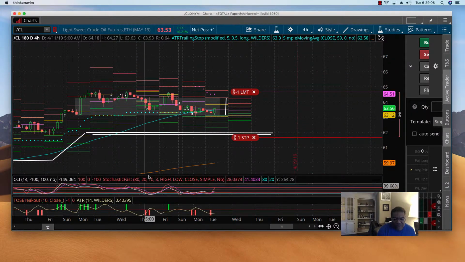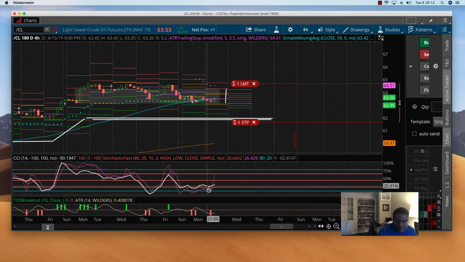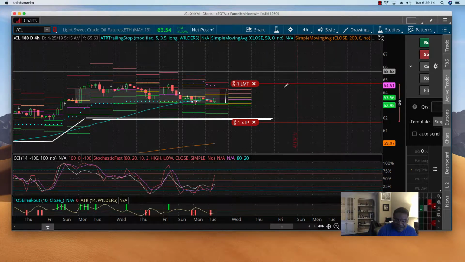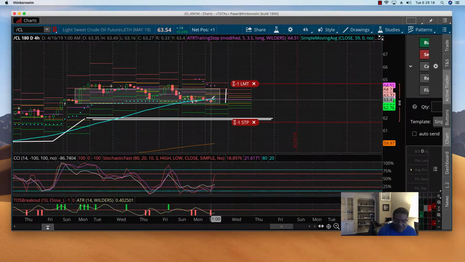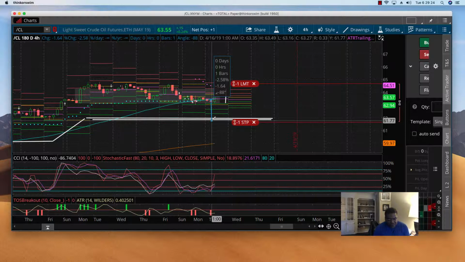So we know, see, on the CCI, we're oversold. Okay, and you take your trend line tool and you measure to that support level. There's lots of support levels. This is just one.